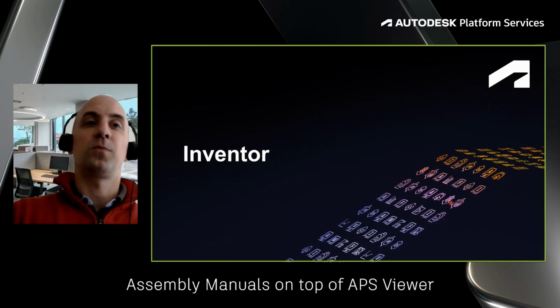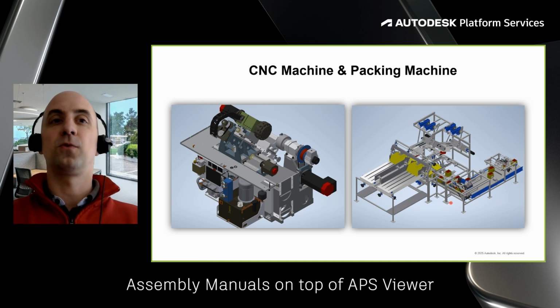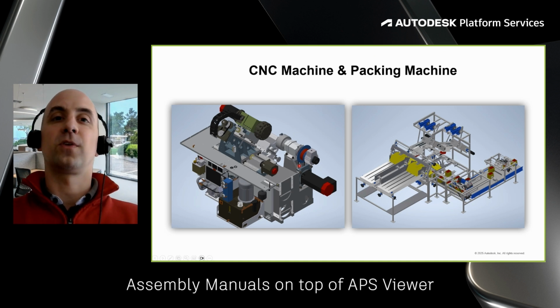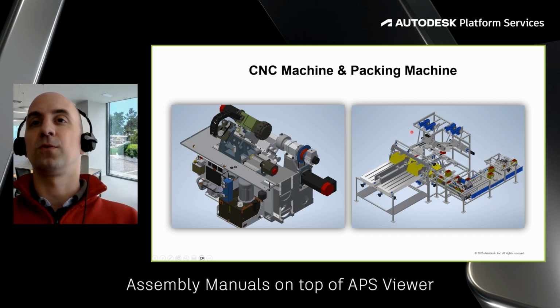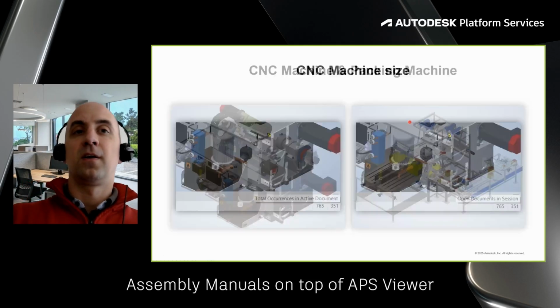Let's talk about what we have in Inventor. For the purpose of this presentation, we have two assemblies. These are pictures from Inventor. On the left, we have a CNC machine, and on the right, we have a packing machine. For now, just notice the yellow parts here.